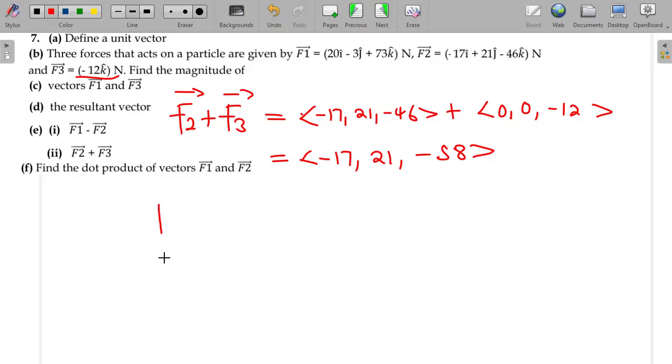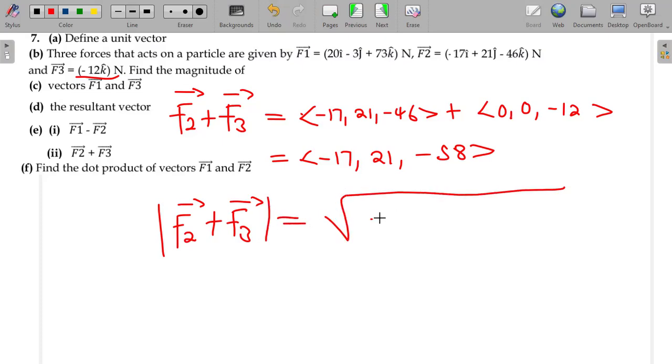And then now I find the magnitude of this. So the magnitude will be the square root of minus 17 squared plus 21 squared plus minus 58 squared. So punch this on your calculator.